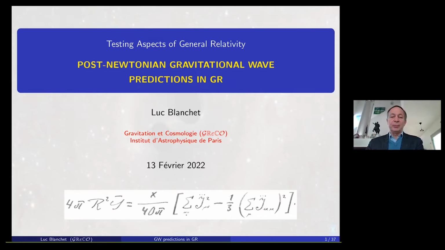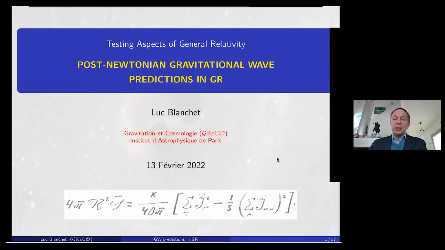Also, this is a very important topic. The post-Newtonian approximation is the approximation method to be used for gravitational waves generated by compact binary systems. At the lowest approximation, this is the standard quadrupole formula, which was written by Einstein himself.